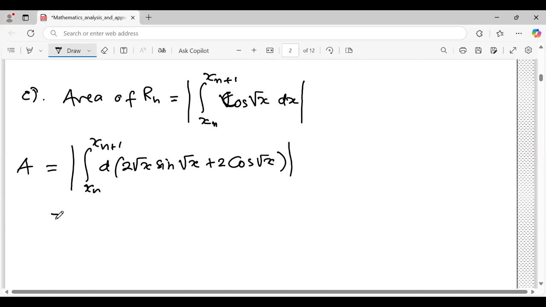So I will factorize 2 on the outside and then substitute xn plus 1 and xn into this expression.